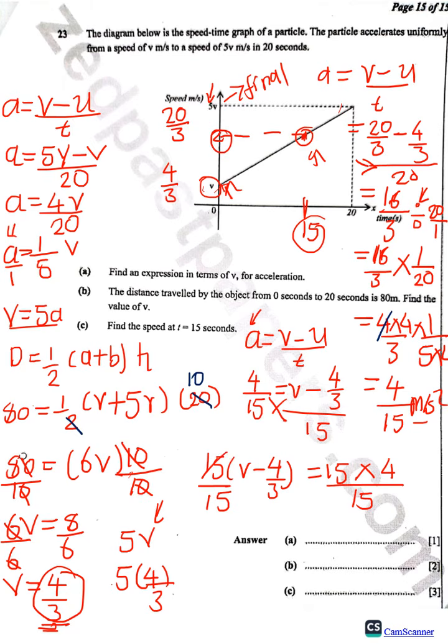So this and this cancel, where we have v minus 4 over 3 is equal to 4. Then from there we are going to move this negative 4 over 3 to the other side, giving us v is equal to 4 plus 4 over 3 over 1.